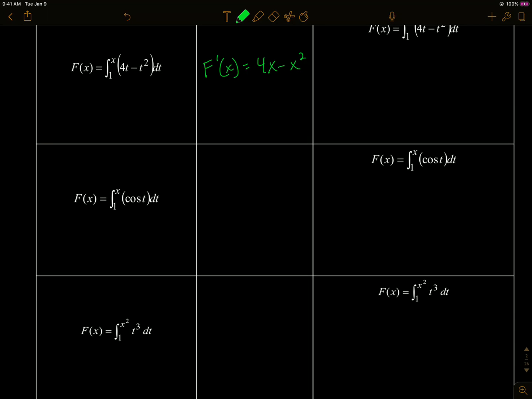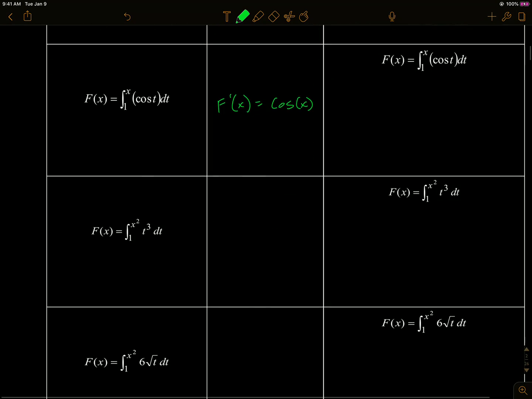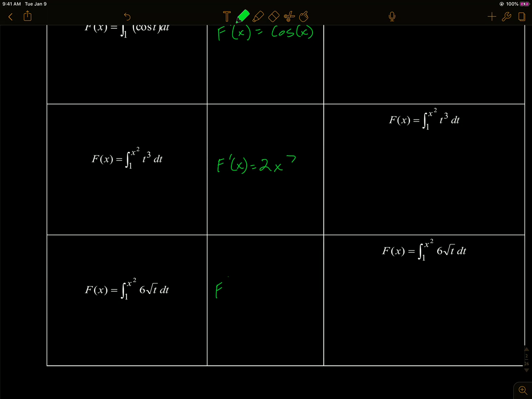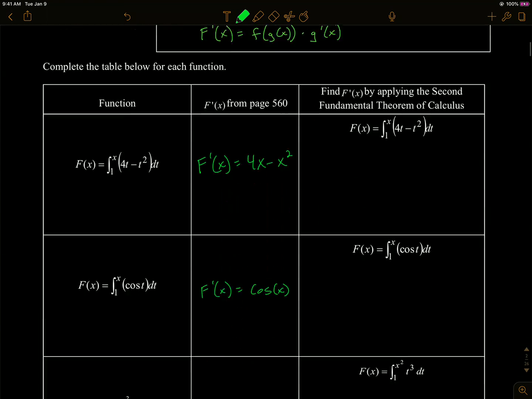And then this one was going to be cosine of x. Right, that's what that one was. Then 2x to the 7th. And this one was 12x squared.